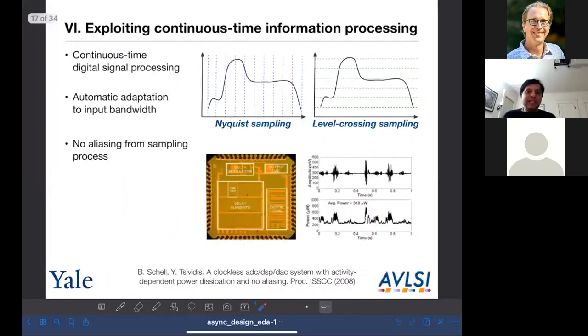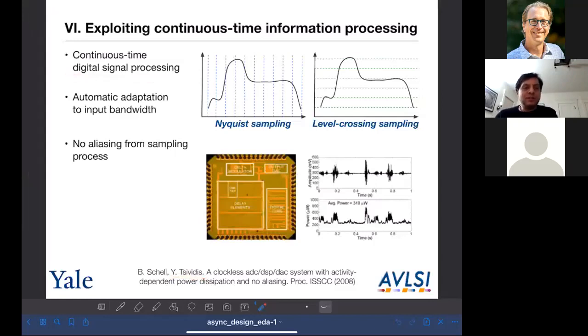And finally, the last category of reasons people have studied asynchronous design is to take advantage of continuous time information processing. This is my favorite example of this. This is a chip designed by Yannis Tsividis' group at Columbia. This is an ADC with a DSP, and it's a continuous time digital signal processing engine.